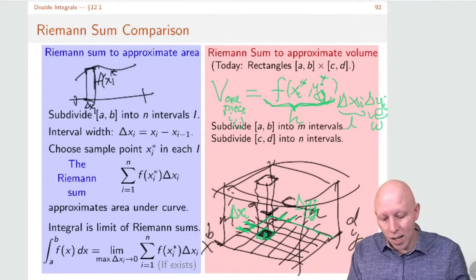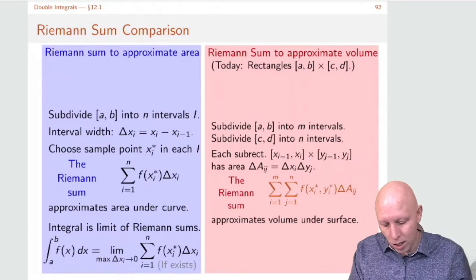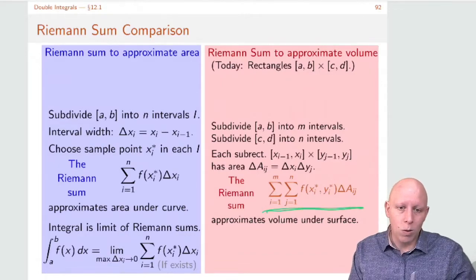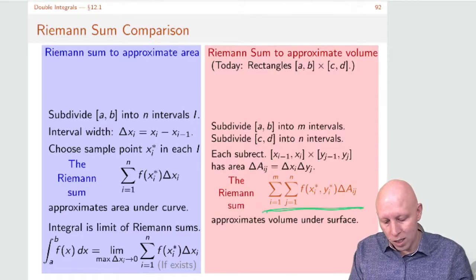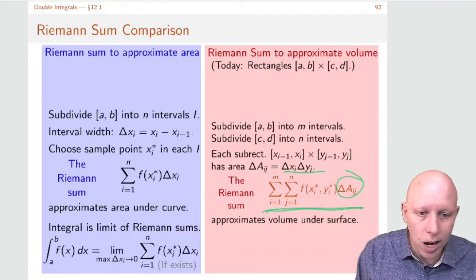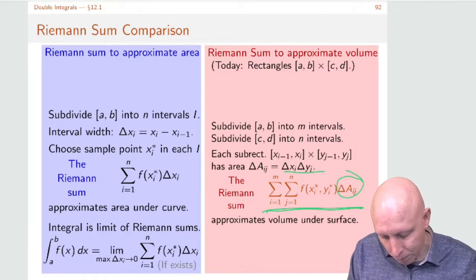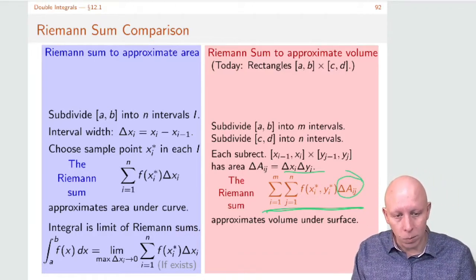And if we add up over all the pieces, we get this double sum where we're summing up over all possible i's and all possible j's of this delta xi delta yj, which we can think of as a delta area. And that's going to approximate the volume of the surface.